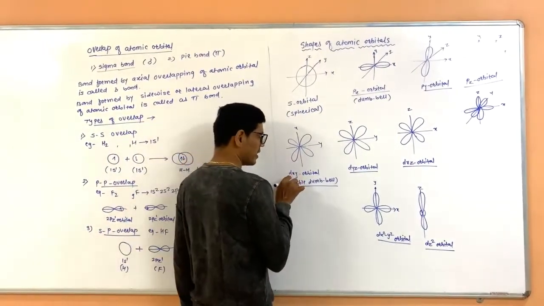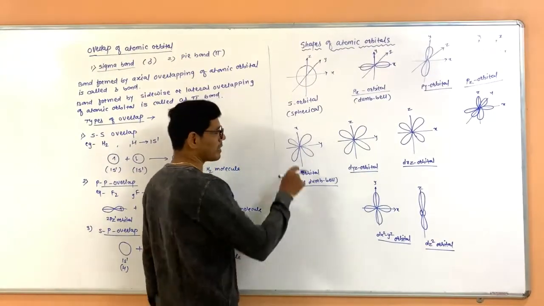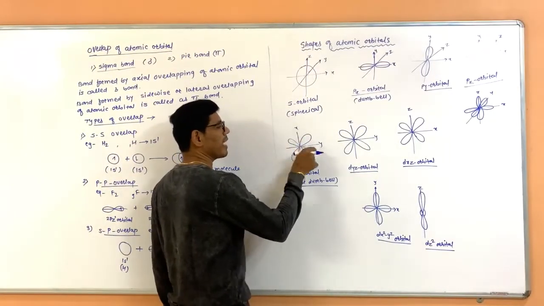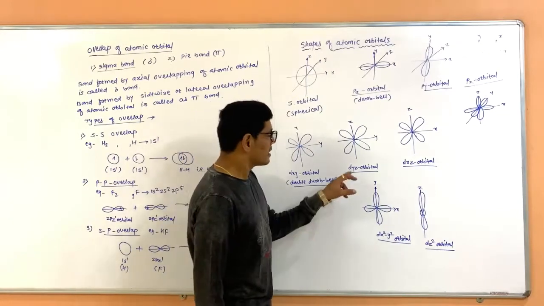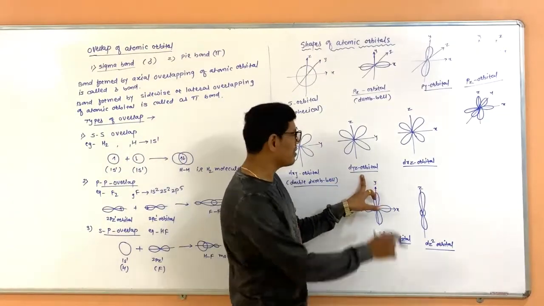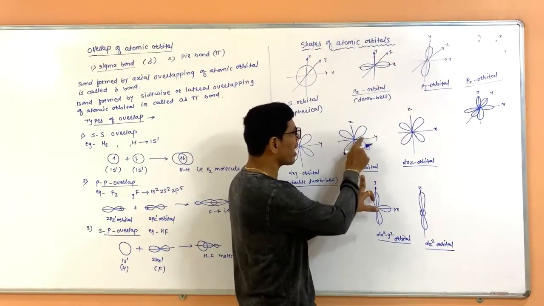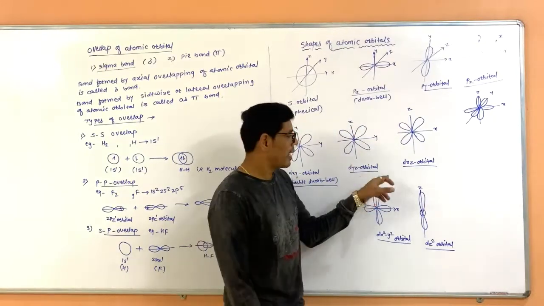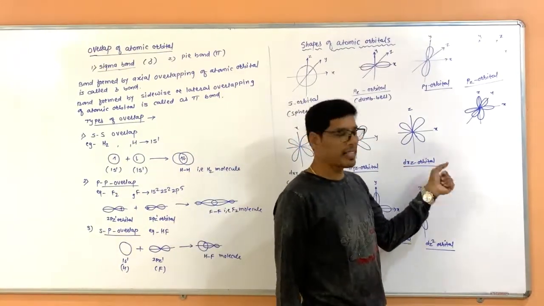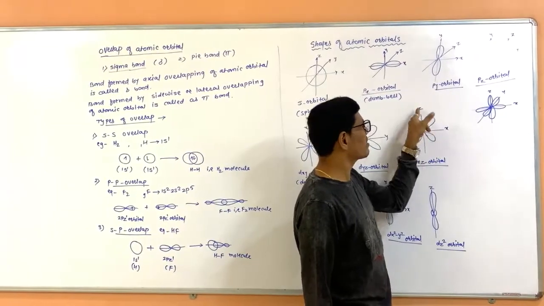See here, the dxy orbital: that means its lobes are present in between the x and y axis. Next one is dyz, which means its lobes are present in between the y and z axis. And the dxz orbital means its lobes are present in between the x and z axis.